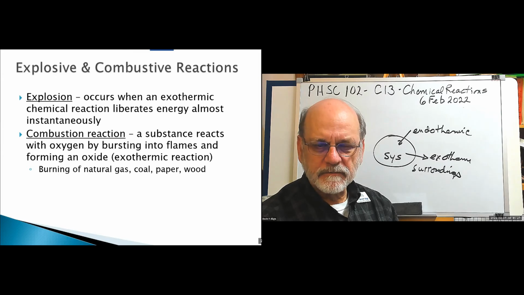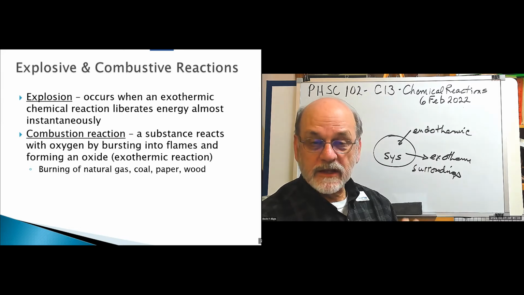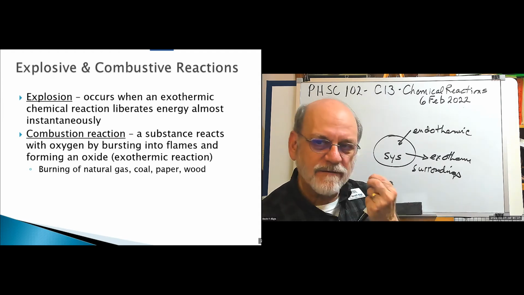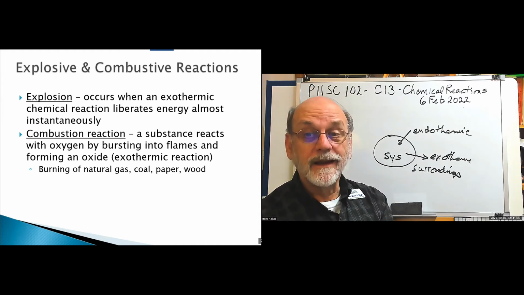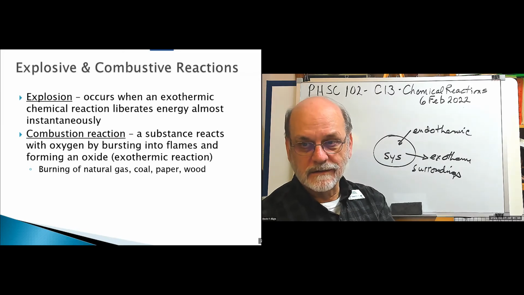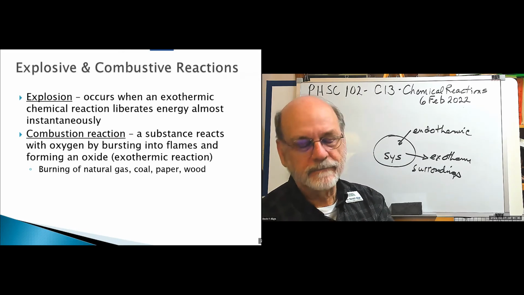What's the difference? How do we define an explosion? Well, an explosion is an exothermic reaction, but the key is how fast does it occur. Now we're talking about chemical kinetics. How fast does it occur?